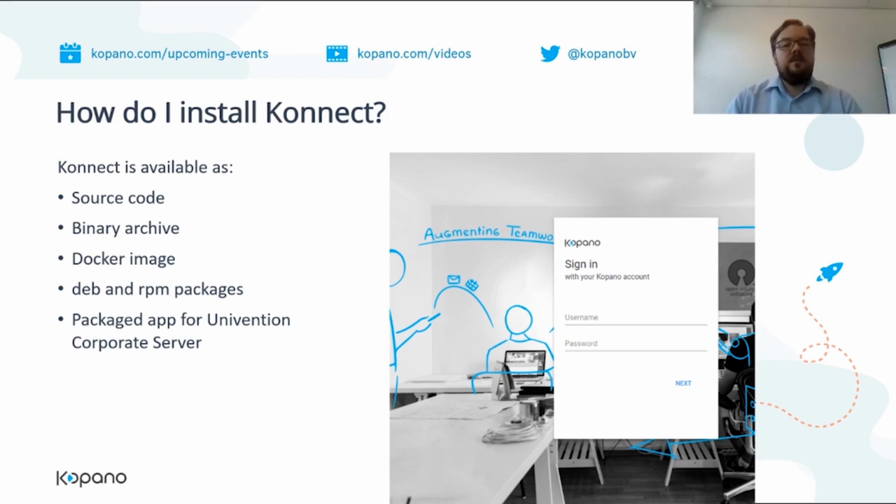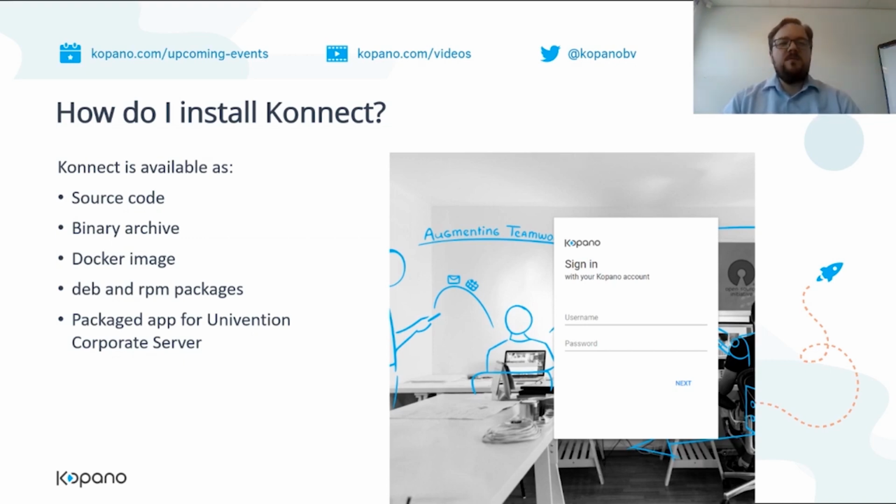Yeah, how do you install Kopano Konnect? Kopano Konnect is available both as source code and as binary releases, which we also use to build Docker images and Debian and RPM packages. And like I already mentioned, Kopano Konnect is available as an app on the Univention Corporate Server.